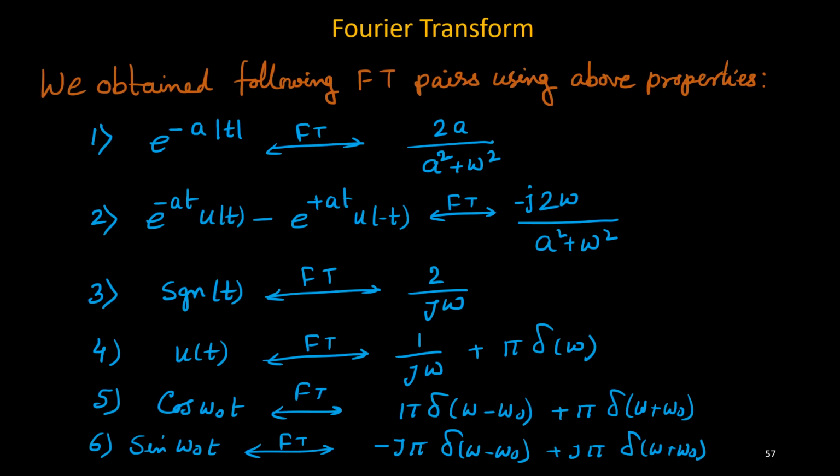Now we will find the Fourier transform of the following signals using only these five properties we have discussed right now. Using those, we can find the Fourier transform of these signals. These are all important signals.